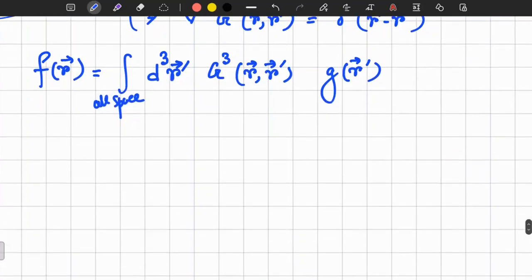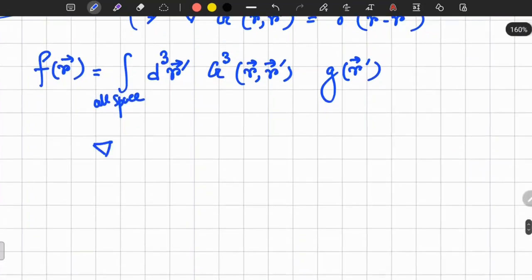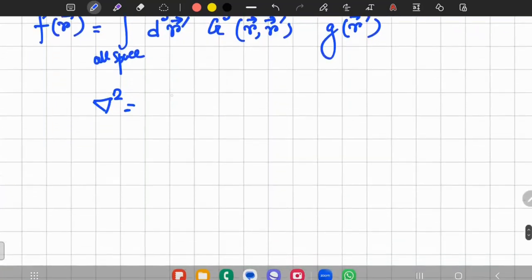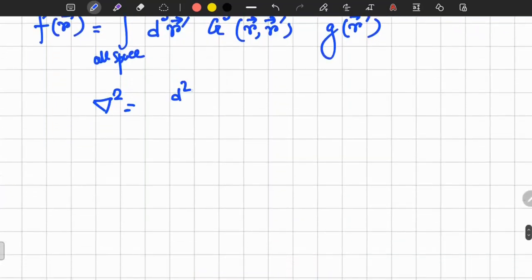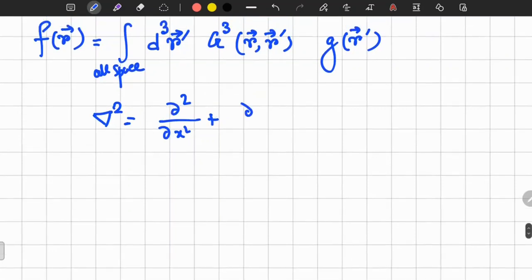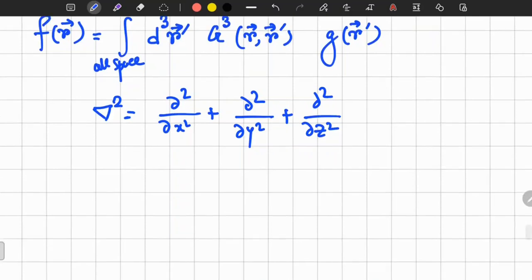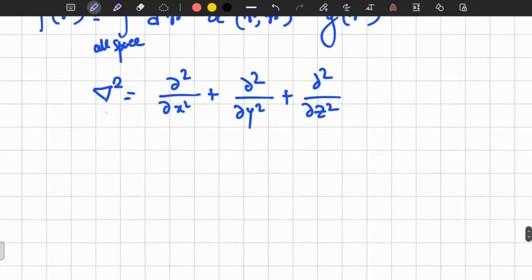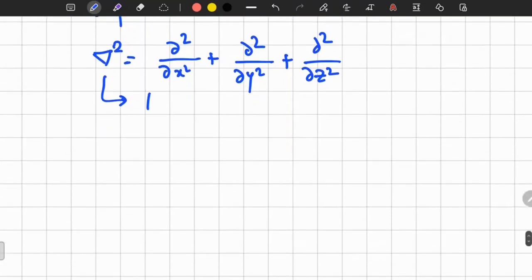Now this del square operator looks like this in 3 dimensions. We can write it like d/dx square. In Cartesian coordinates we know these things, and in polar coordinates we can also write it. But the main thing is that this del square operator is translationally invariant.